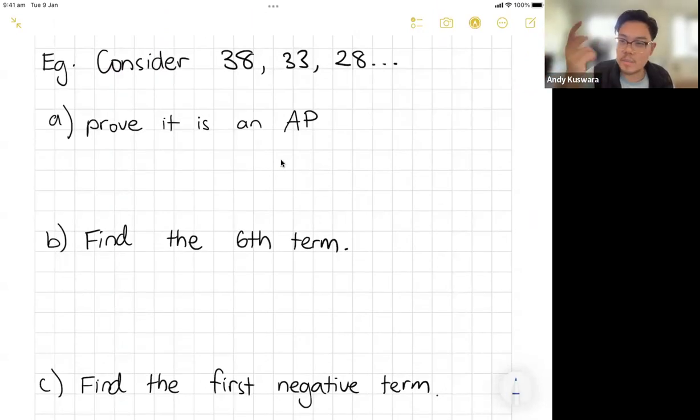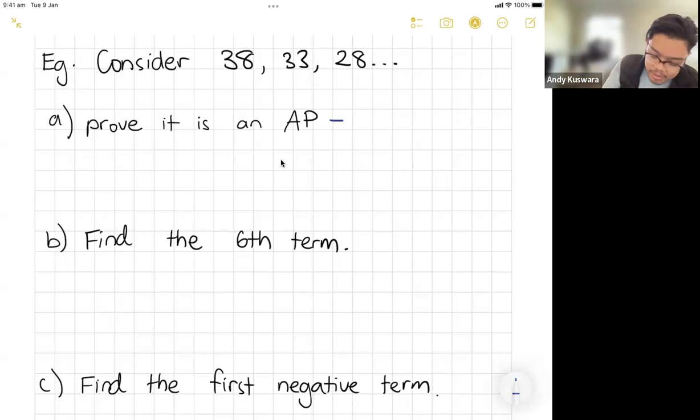For these questions, I want you to find 3 numbers. First, prove it's an AP. To prove it's an AP, I need to show that T3 take away T2 is the same as T2 take away T1.